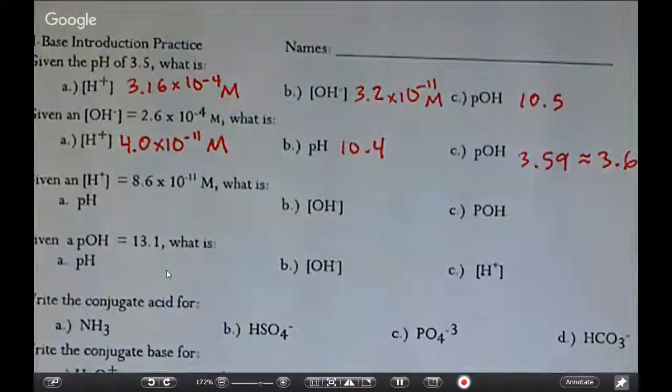And that's your H plus concentration, 3.98 times 10 to the minus 11. I also used 10.41 and 3.59. Okay, so 3.9. It's close.